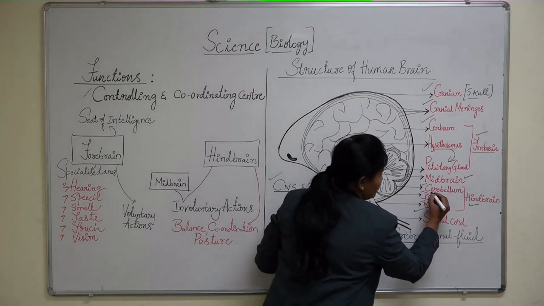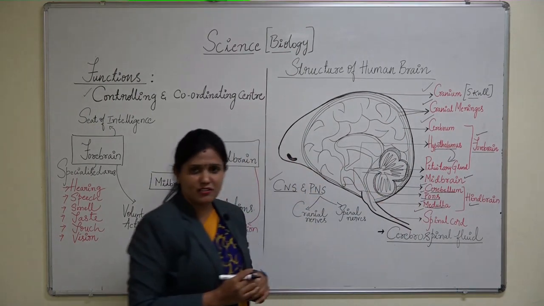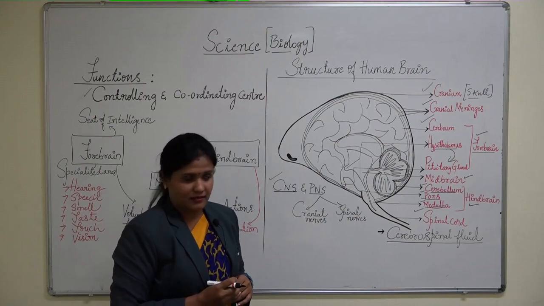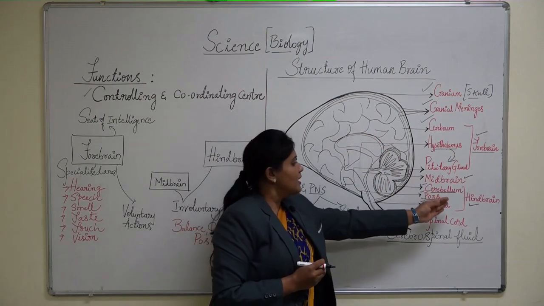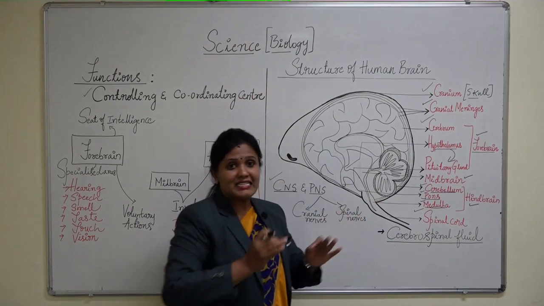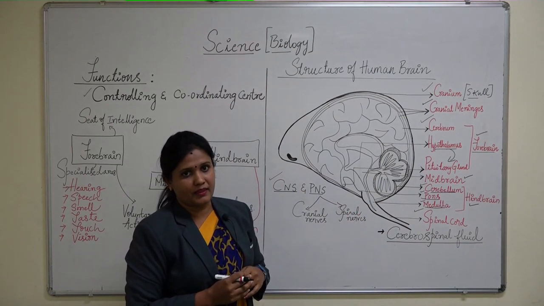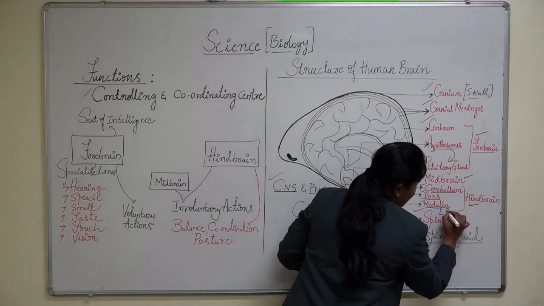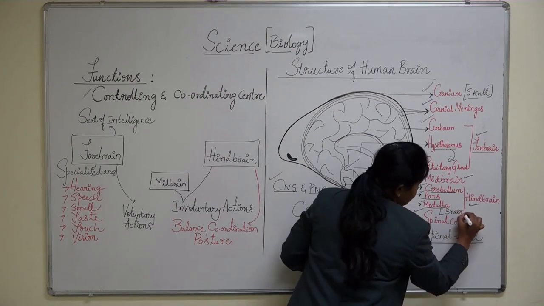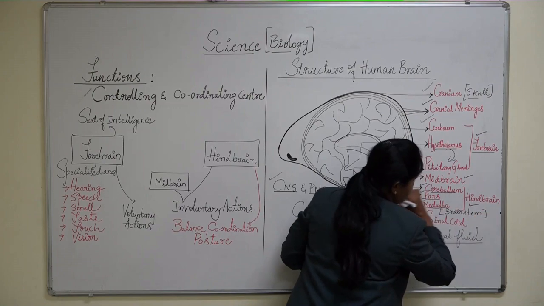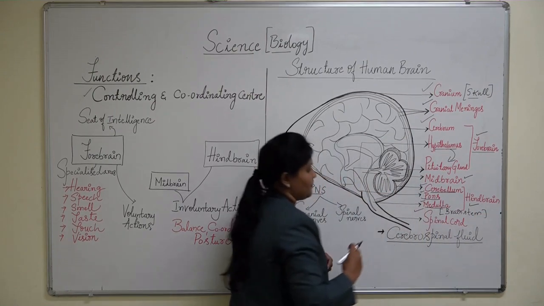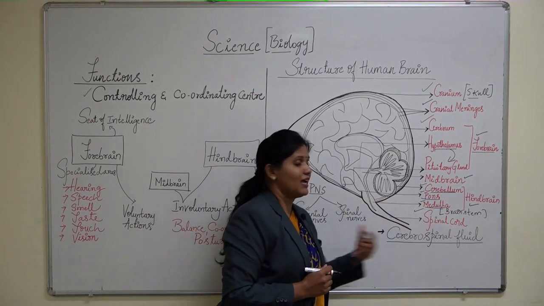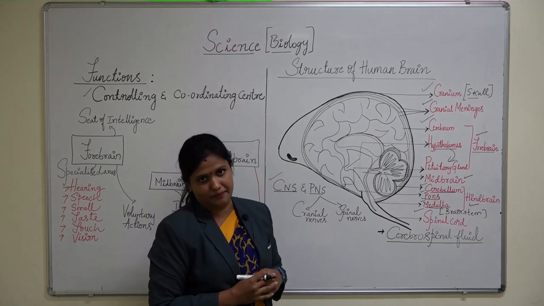It is the cerebellum. The cerebellum is also called the small brain. Compared to the cerebrum, the number of neurons in the cerebellum is more. The medulla oblongata is called the brain stem, which extends into the spinal cord. The spinal cord enters the vertebral column.